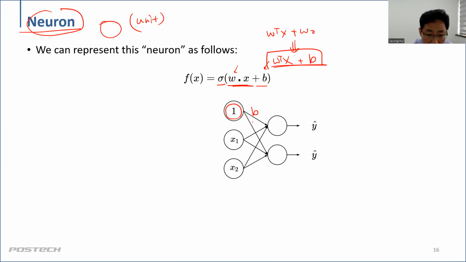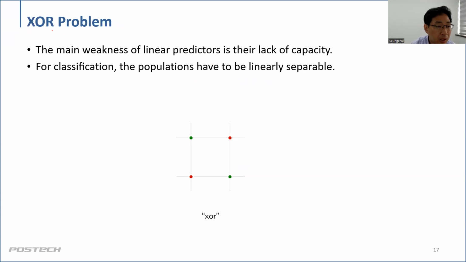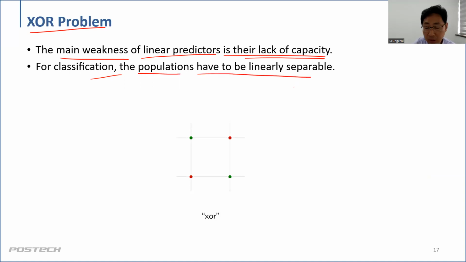The XOR problem's main weakness is that linear predictors lack capacity for classifications. All the population has to be linearly separable, but in the more general case, this is a very special case.